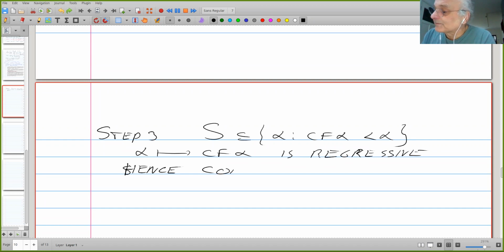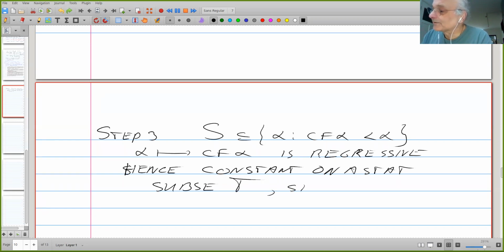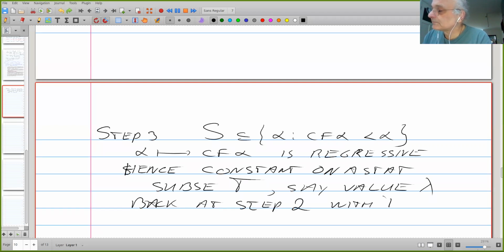Hence it is constant on a stationary subset, say with value lambda, and then we're back at step 2. Because then we found the stationary subset of S, which is a subset of E kappa lambda.